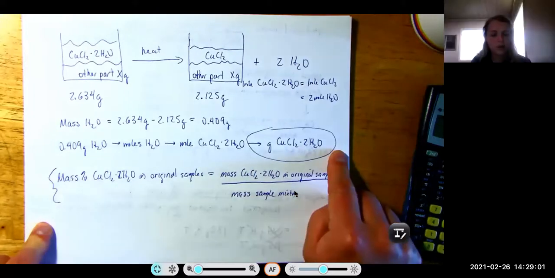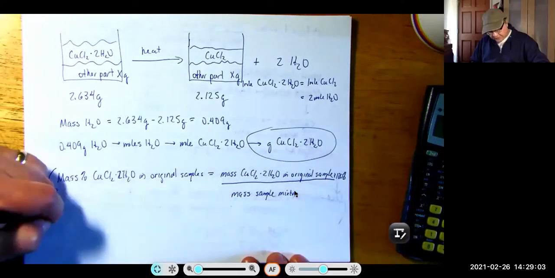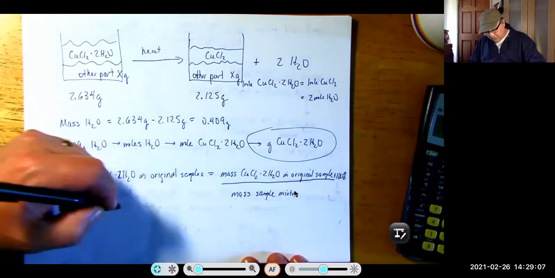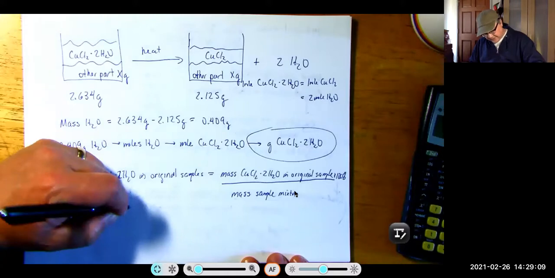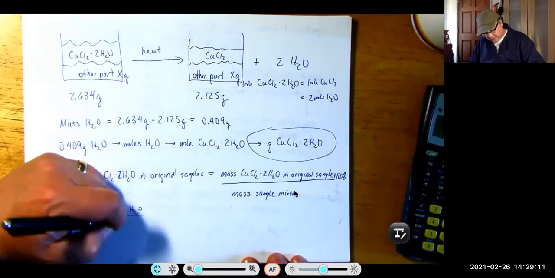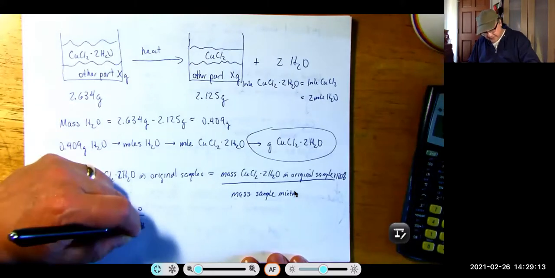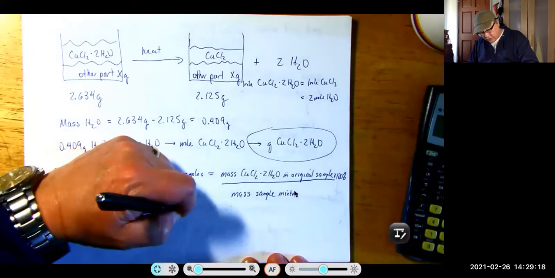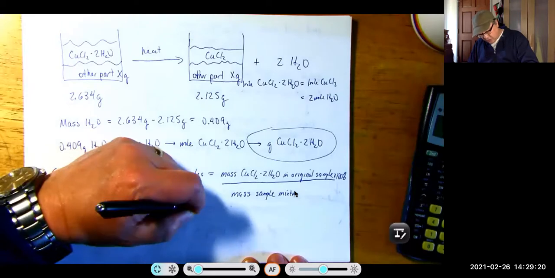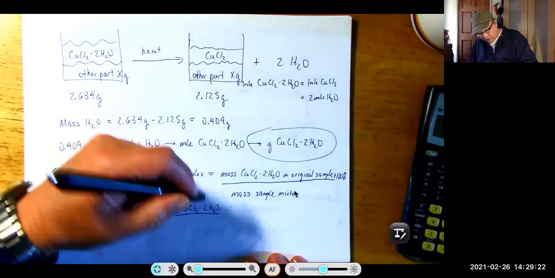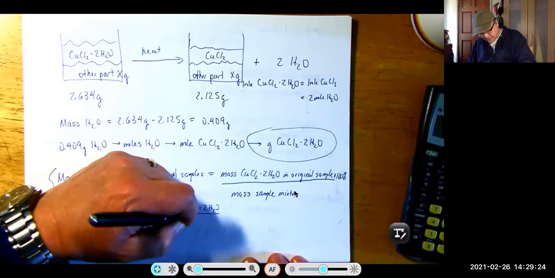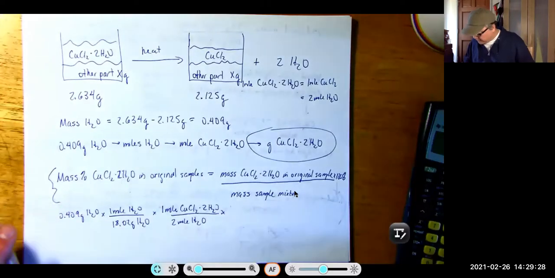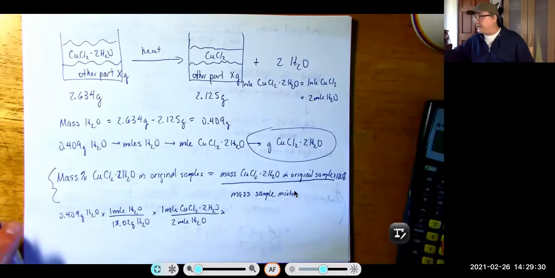Okay. So let's do that: 0.409 grams of H2O times 1 mole of H2O per 18.02 grams of H2O times 1 mole of CuCl2·2H2O per 2 moles of H2O. And then the molar mass of copper is going to be 63.55, I think.